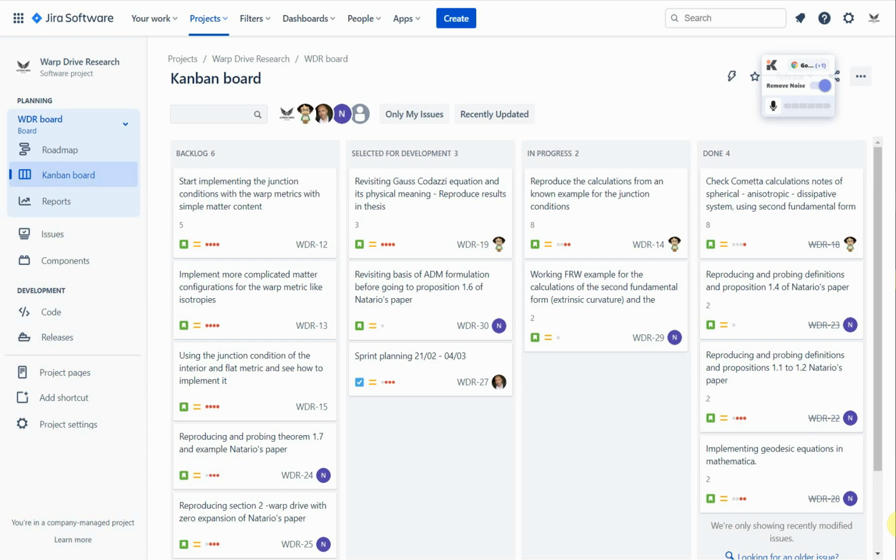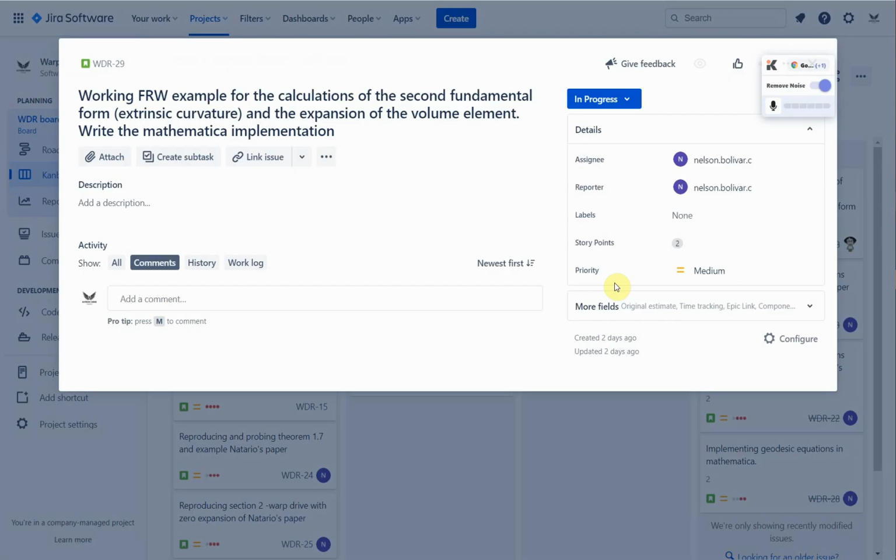Also, currently we are working on two things. One of the things I'm doing by myself is reproducing all the calculations of Natario and reviewing the propositions and theorems that he has.